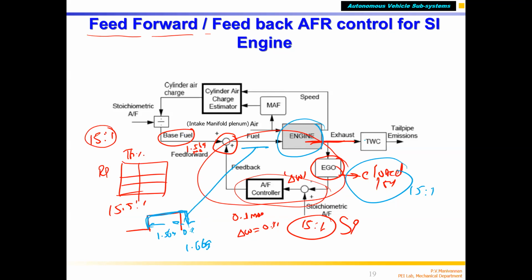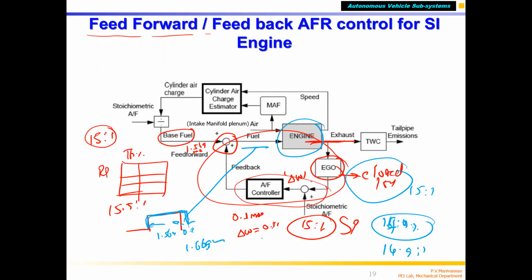Combustion happens and the exhaust comes out. Then the sensor says that no, the air-fuel ratio is not 15:1, it is say 15.2, or say 14.9. If the air-fuel ratio is 14.9:1 when I inject this pulse width, that means I injected more fuel. So the exhaust sensor measures, and immediately it will reduce from the base pulse width.